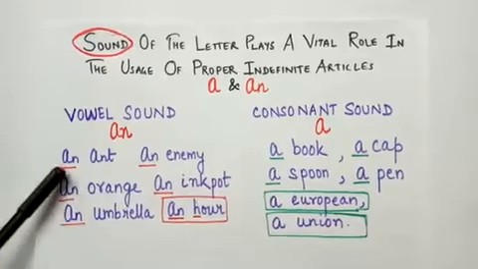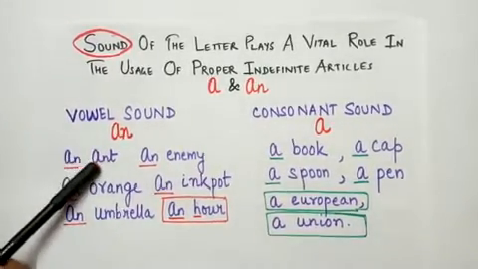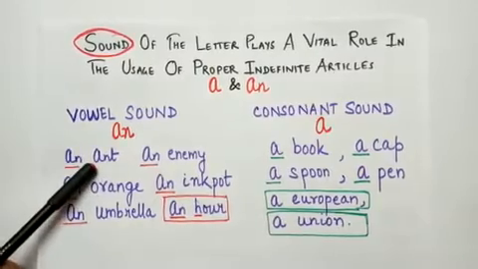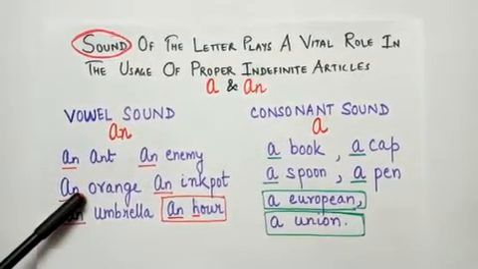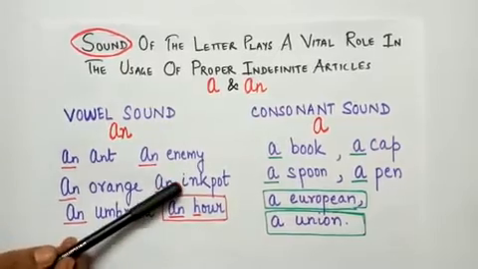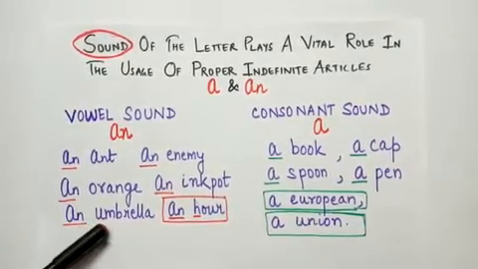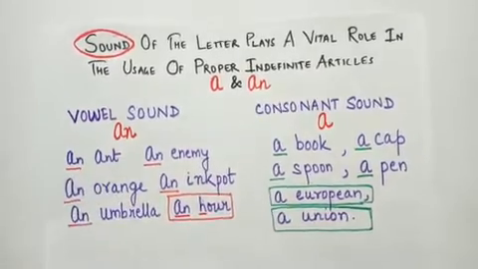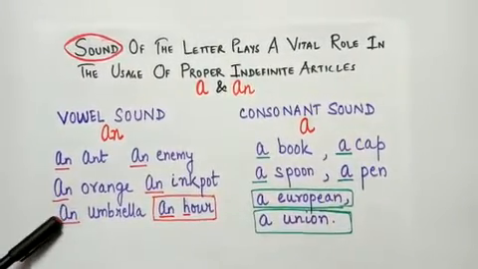The thing which we notice over here is ant begins with A, which is a vowel. Enemy, E, is a vowel. Orange, O, is a vowel. Inkpot, I, is a vowel. Umbrella, U, is a vowel. Here, all these words began with vowel letters. So, we used an.